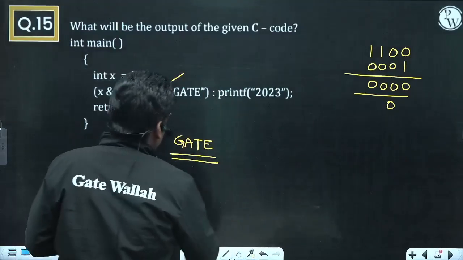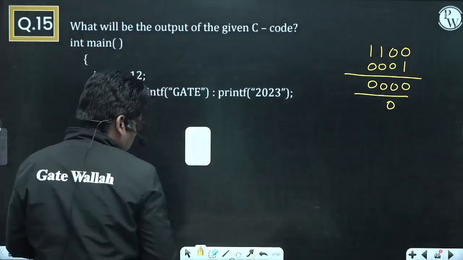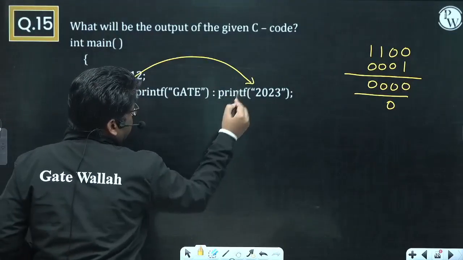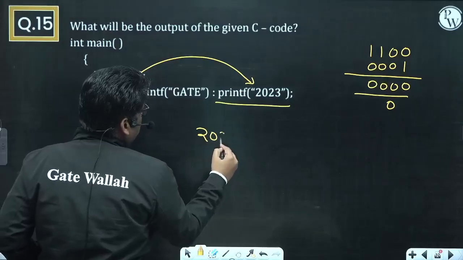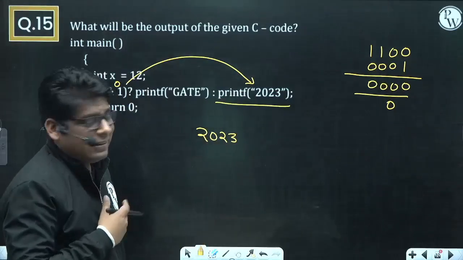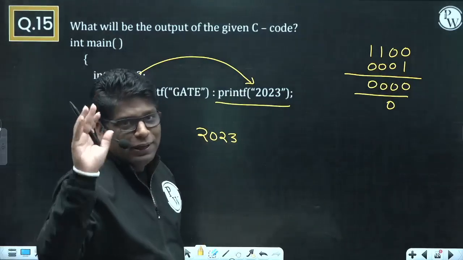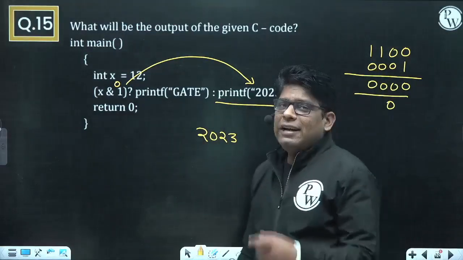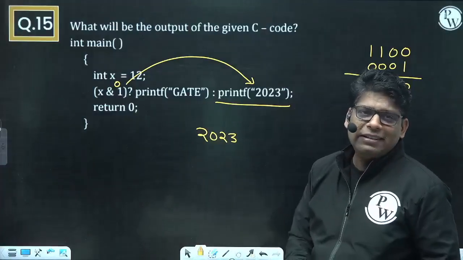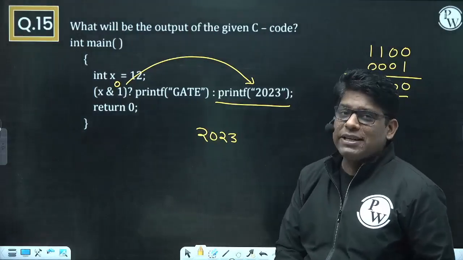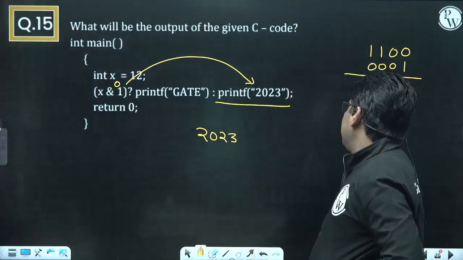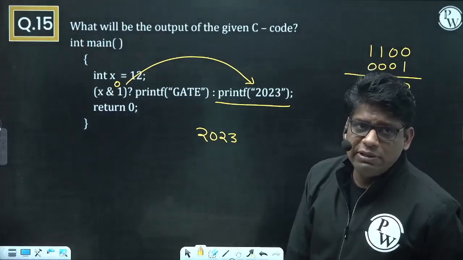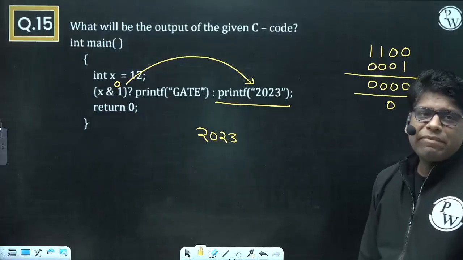Sorry, my mistake. Because the expression is false, the result is equal to expression 3. So 2023 is the right answer. I apologize, I thought it was true. That's totally my mistake. Done to everyone? Thank you, Nivedita.